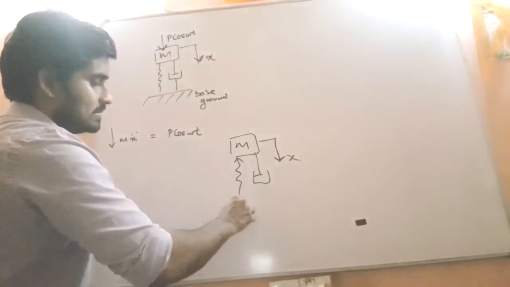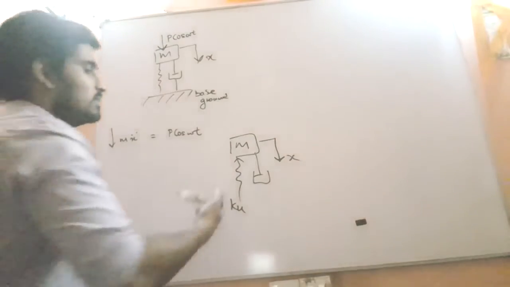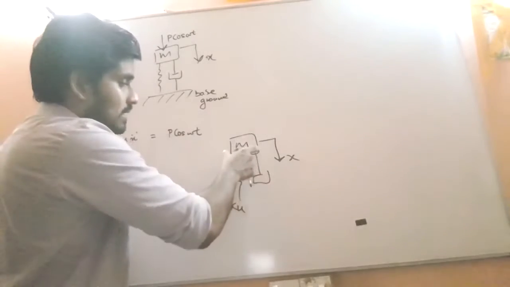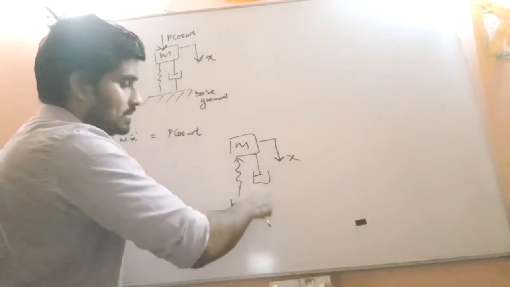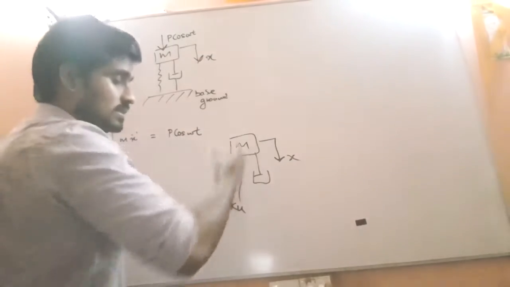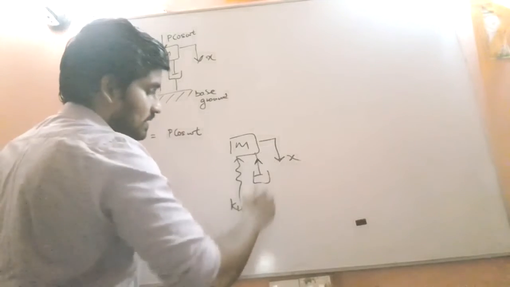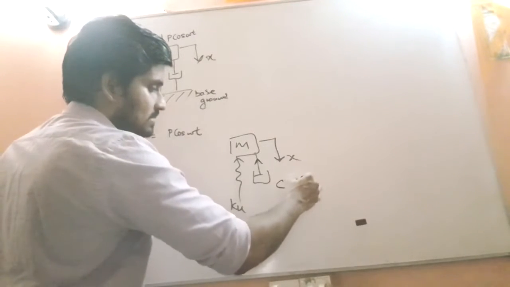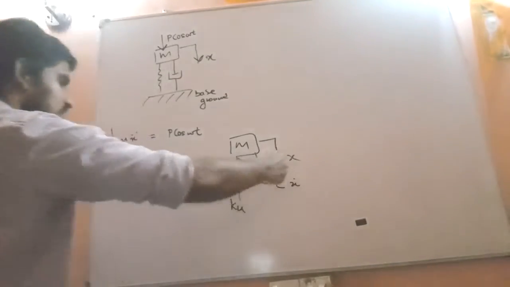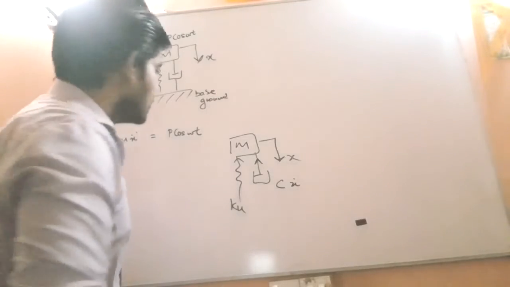That is kx, where k is the spring constant and x is the displacement of the mass. Similarly, when mass m is pressing the damper, it is also exerting a reaction force on the mass along the upward direction. The value of that force is c x dot. x dot is the velocity caused by this displacement, and c is the damping coefficient.